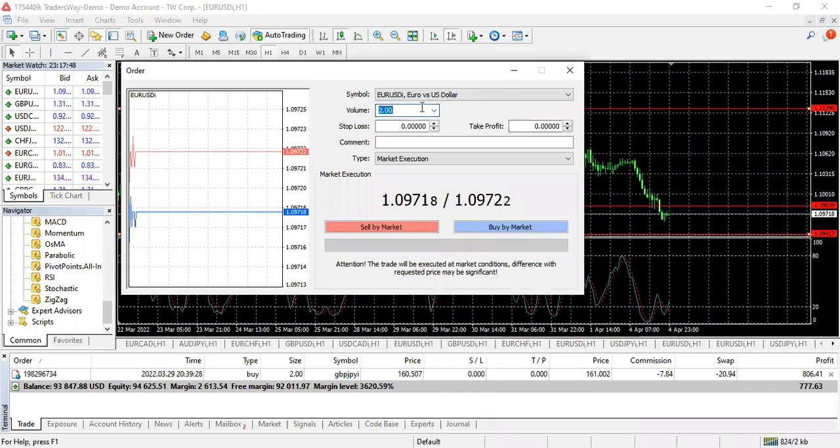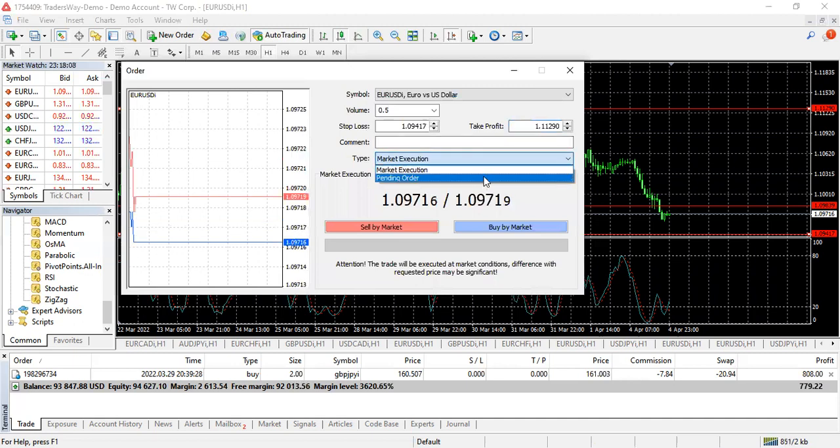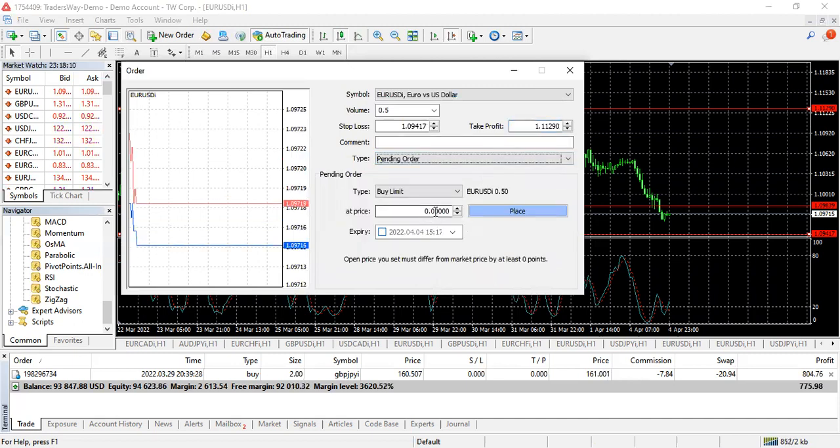Here I'm using 0.5 and my stop loss is 1.09417 and my take profit is 1.11290. So I come here, pending order. Market is below my pending order, so I have to select. I believe the market is going up, so it is buy stop.